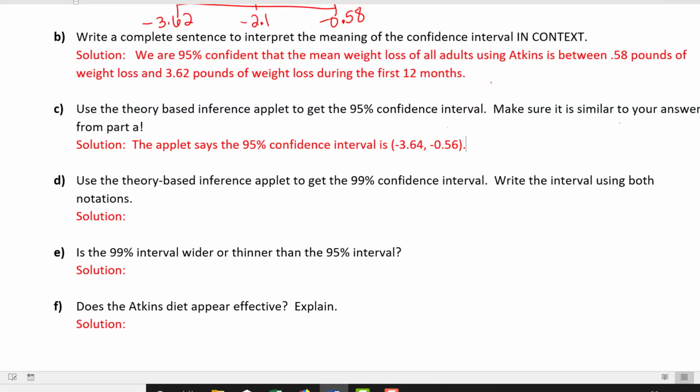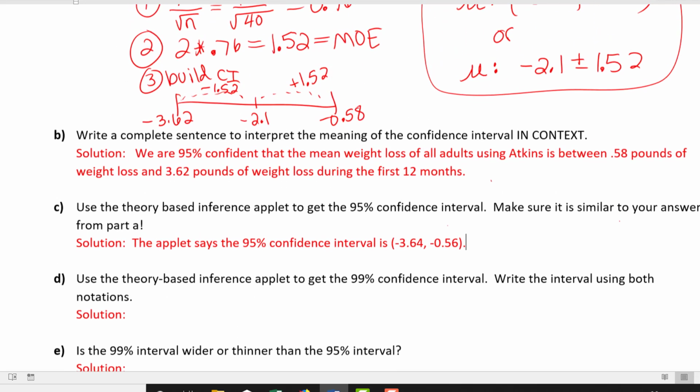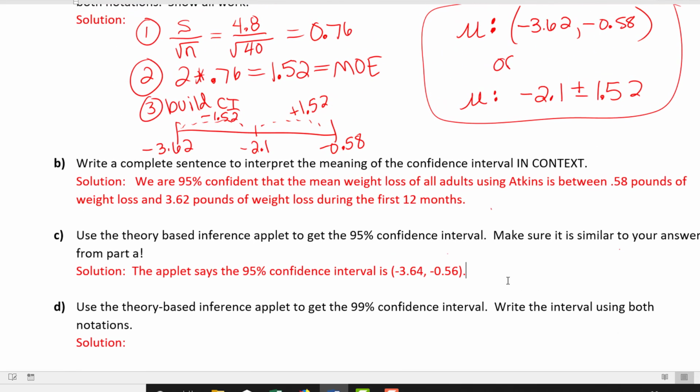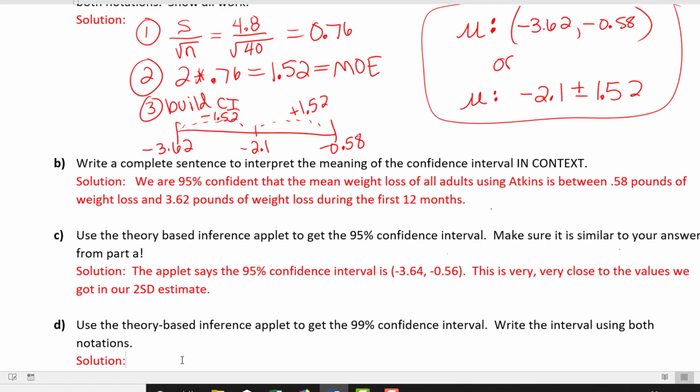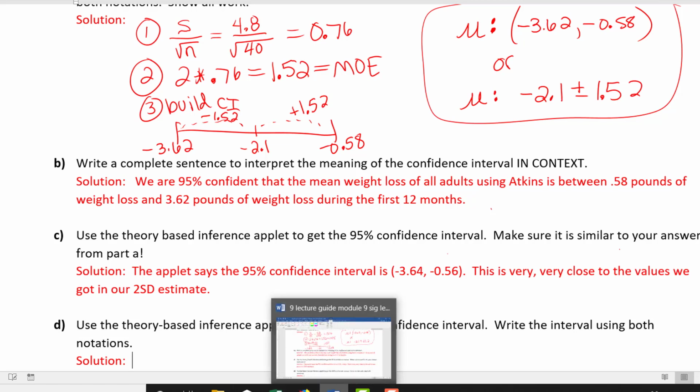Notice that is very close to what our confidence interval estimate was when we used the 2SD method. So we had gotten negative 3.62, and using the mathematical theoretical approach, it was negative 3.64. We had estimated negative 0.58 pounds, and it gives us negative 0.56 pounds. So very, very close.